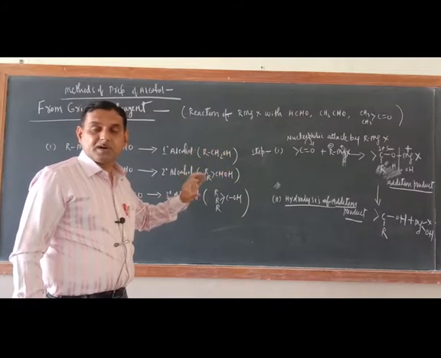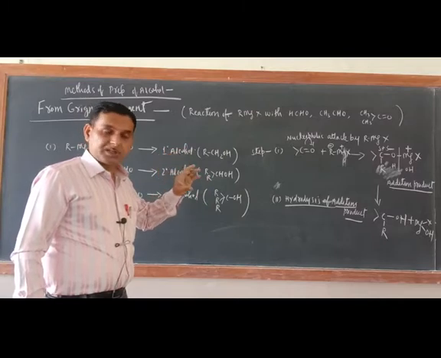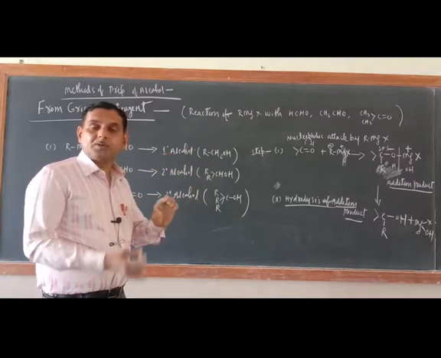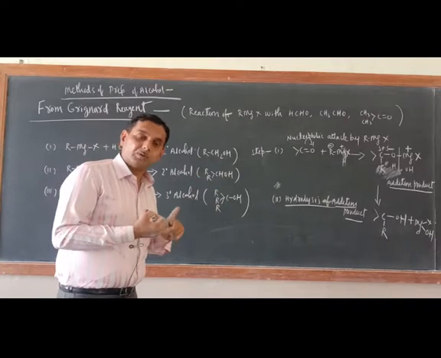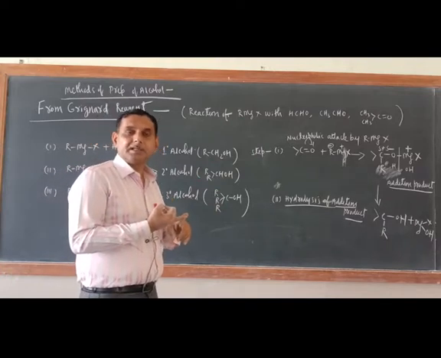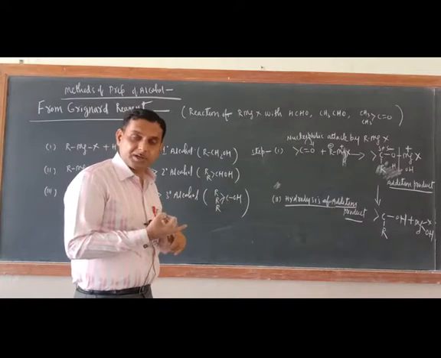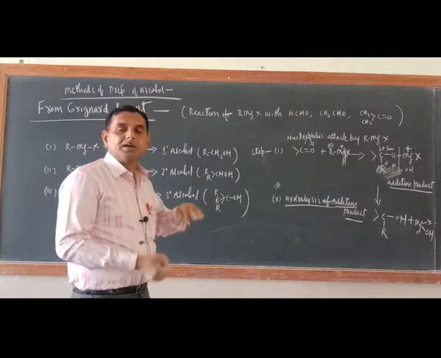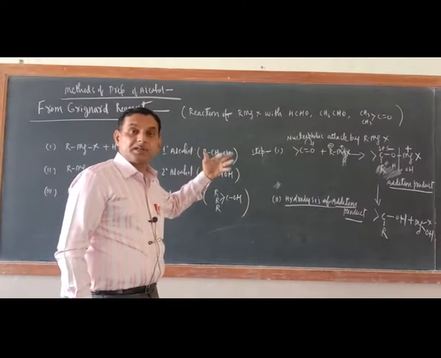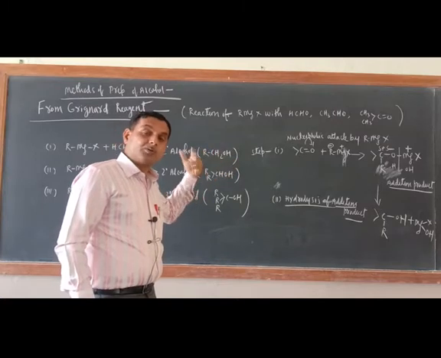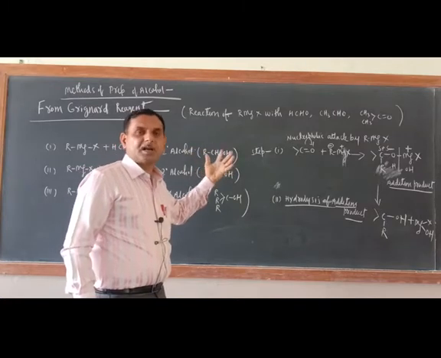Second was the preparation of alcohol from the carbonyl compound, that is from the carboxylic acid, from aldehyde, from ketone, from ester. Those were the important reactions and important methods of preparation of alcohol.